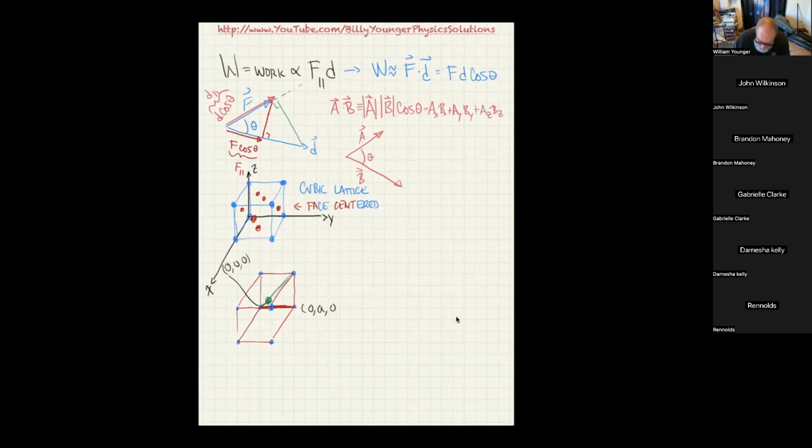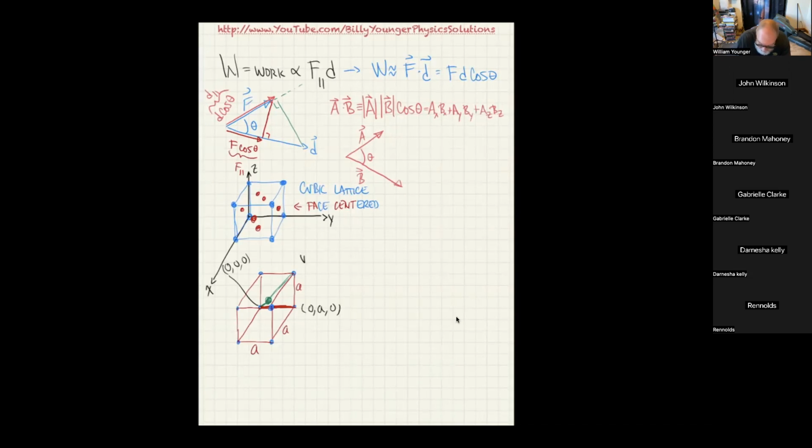So we're basically treating this cube as if it's a cube of length A. So this is A, this is A, and this is A. So I can easily get the vector there. I can easily get the vector pointing from that back left to that back right corner. Dang it, I did the same thing again.